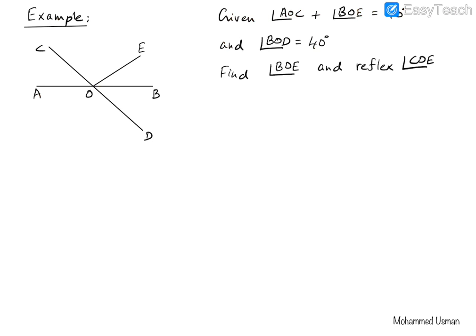So we have this set of intersecting lines. We have a line AB which is intersecting with another line CD, and there's also a ray standing on both these lines, in fact, and we are given some information regarding the various angles that are formed, and we need to find some angles.